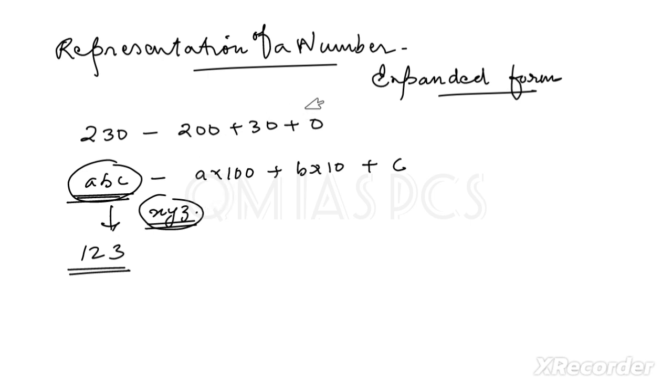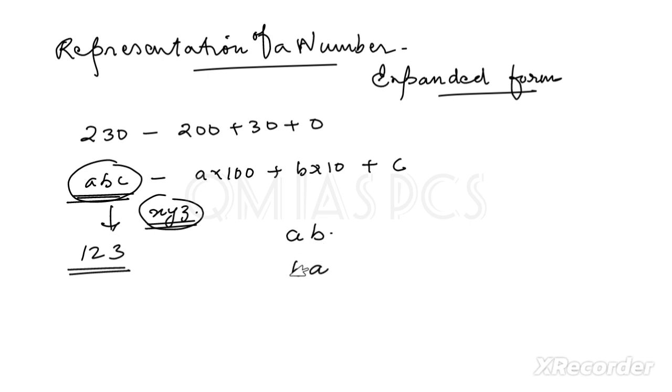Which type of questions can we solve from this topic? For example, a two digit number AB is given, and when we reverse the digits, it becomes BA.